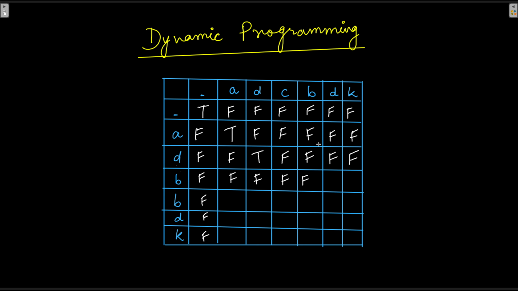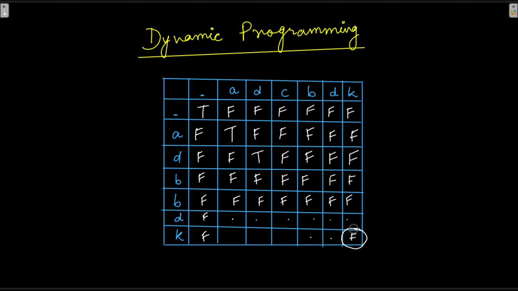And then B against D, F, B against K, F. And now you will see, because the whole line is F, and there are no special characters as well, we're going to write F all the way until the end. And so on. And then finally F here.